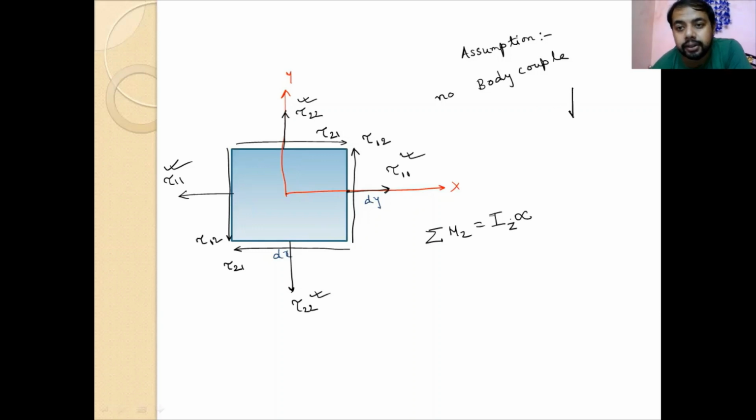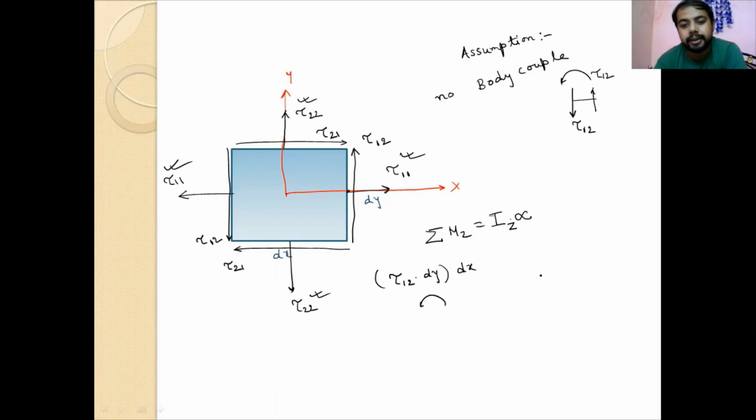You see here tau 1 2 and tau 1 2, this is making one couple in the anti-clockwise direction. Anti-clockwise we are taking as the positive side. So tau 1 2 into area, where the area is dy times unit length in the z direction, is the force, and this force into dx is the couple, an anti-clockwise couple.